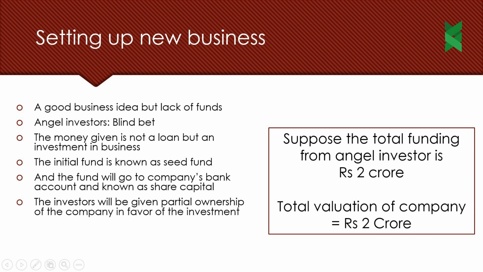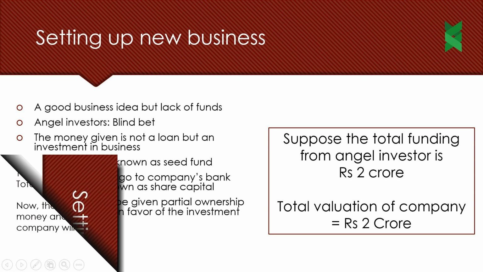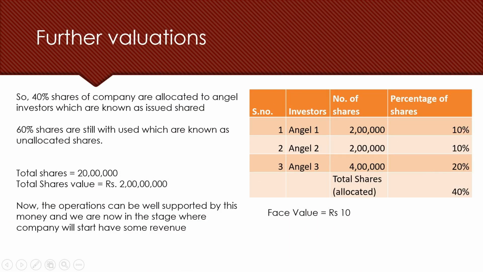Suppose you get a total funding of 2 crores. Suppose in that 2 crores, 1 crore 20 lakhs is given by the promoter, and 80 lakhs you are able to get from the angel investors. So suppose you have 3 angel investors.